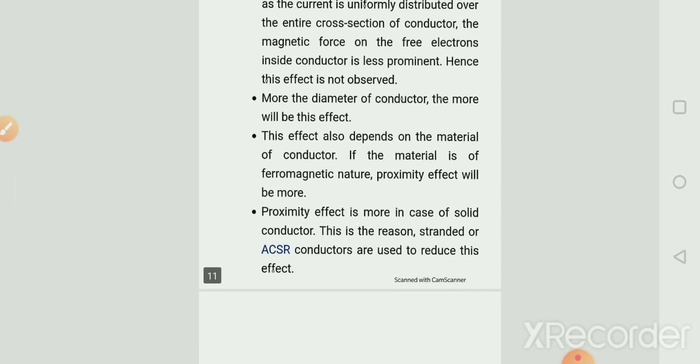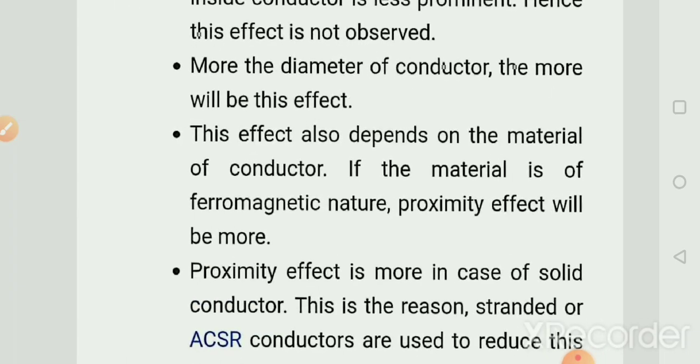Now the larger the diameter of the conductor, the greater this effect will be. Next, the effect also depends on the material of the conductor, which type of material we use. If the material is ferromagnetic, then the proximity effect is more, because ferromagnetic material has very high magnetic flux.